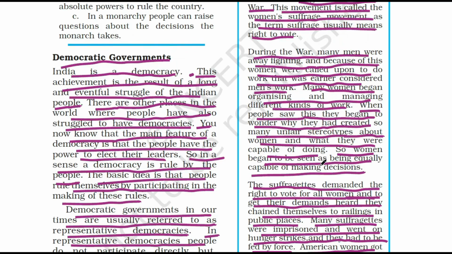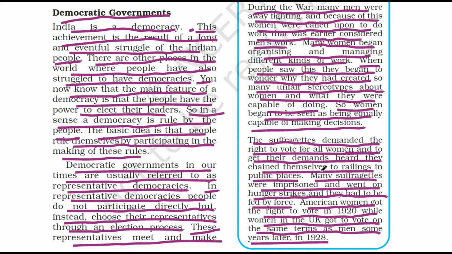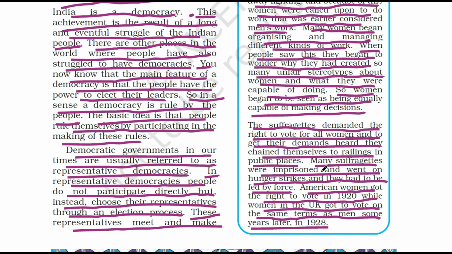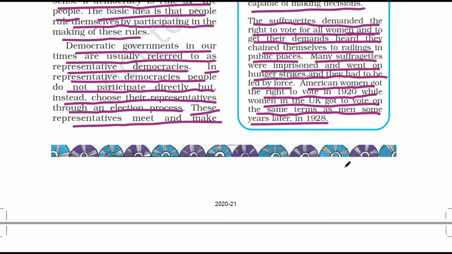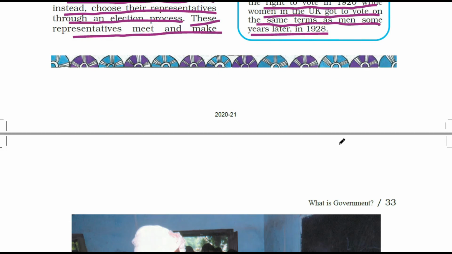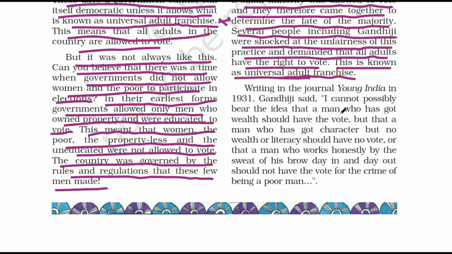So they struggled and protested for voting rights, and they got this right in 1920 and 1928 in America and the UK respectively. That's a very good fight they waged for equal voting rights, and they have won.